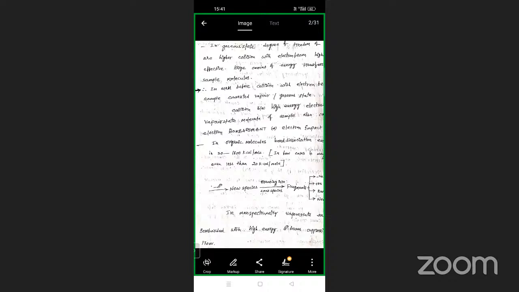Now, if you see the principle of mass spectrometry, generally the compound in the vapor state undergoes collision with the electron beam, and it converts into the gaseous ion state.